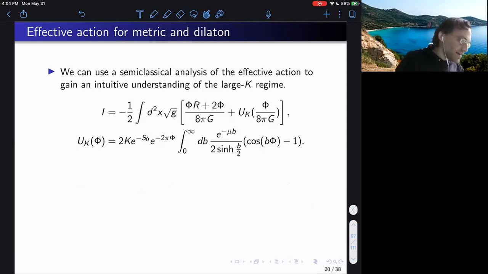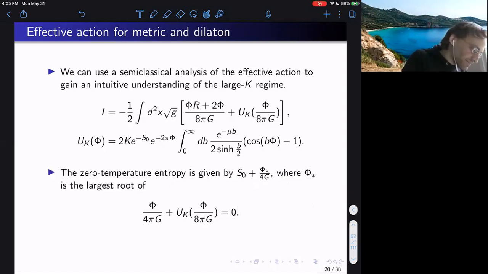Okay, so now once we have this effective action, we can do a semi-classical analysis with it. But I emphasize that we can only get an intuitive understanding and not a quantitative understanding, because we don't really have parametric control over a semi-classical approximation, because 8 pi G Newton doesn't appear as an overall prefactor. But still, let's see how much mileage we can get.